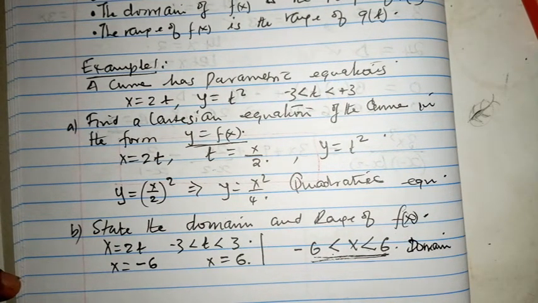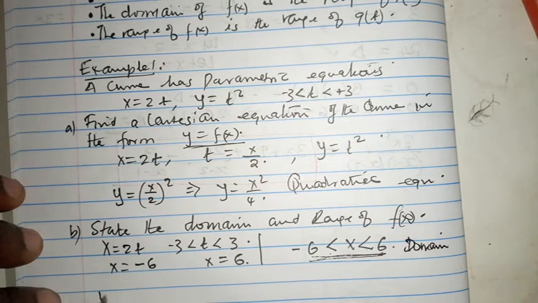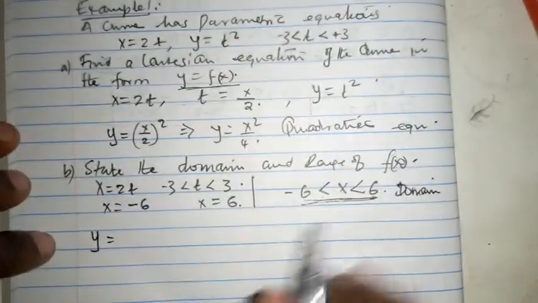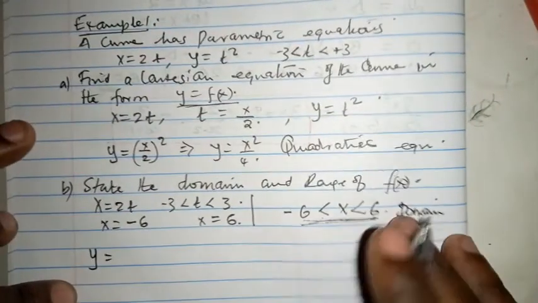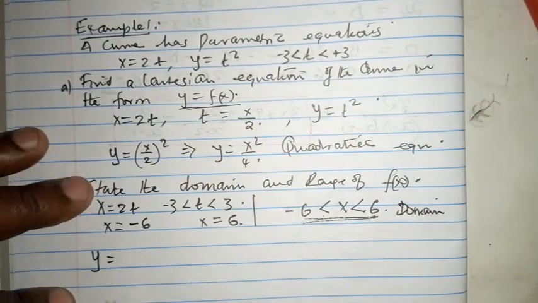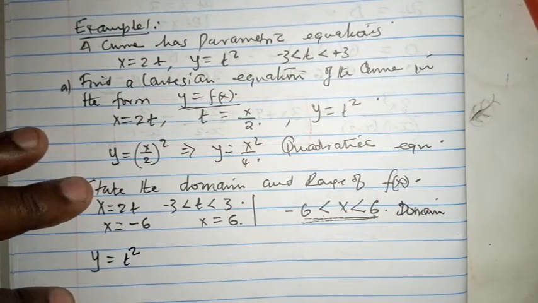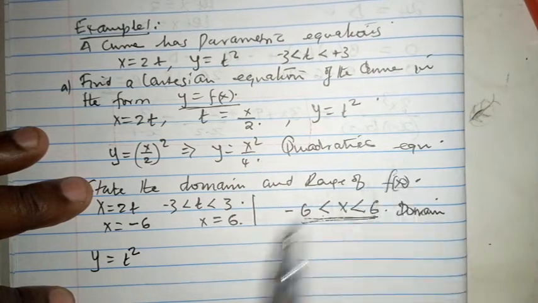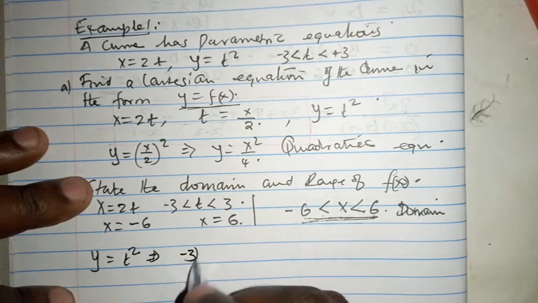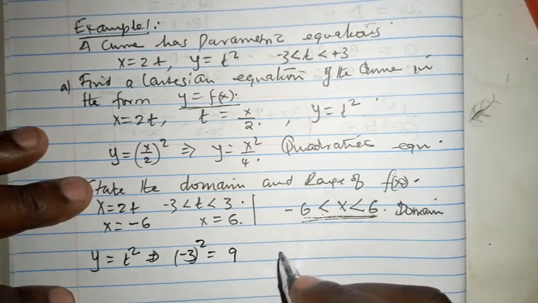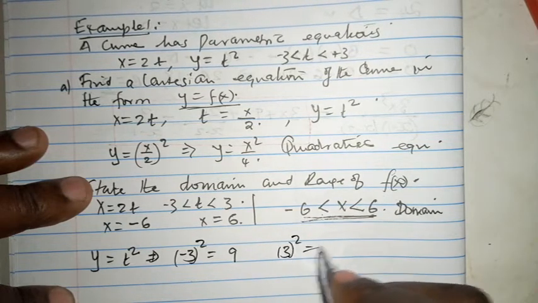What about the range? The range is obviously the value of y. And y will always be t squared, and t is -3 all the way to +3. When -3 is squared, it gives us 9. When +3 is squared, it gives us 9.